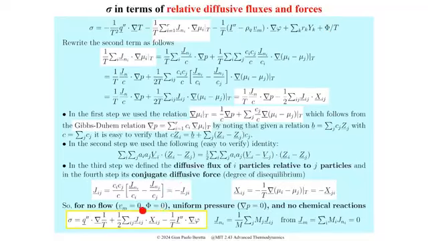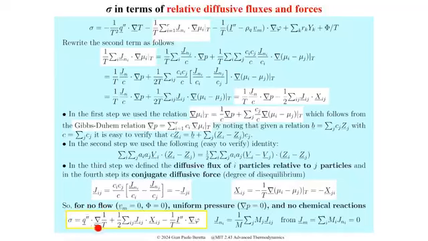So let's suppose we take no flow, perhaps with a box with particles that are steady with respect to the laboratory frame. And let's suppose we are at uniform pressure, and also we have no chemical reactions.